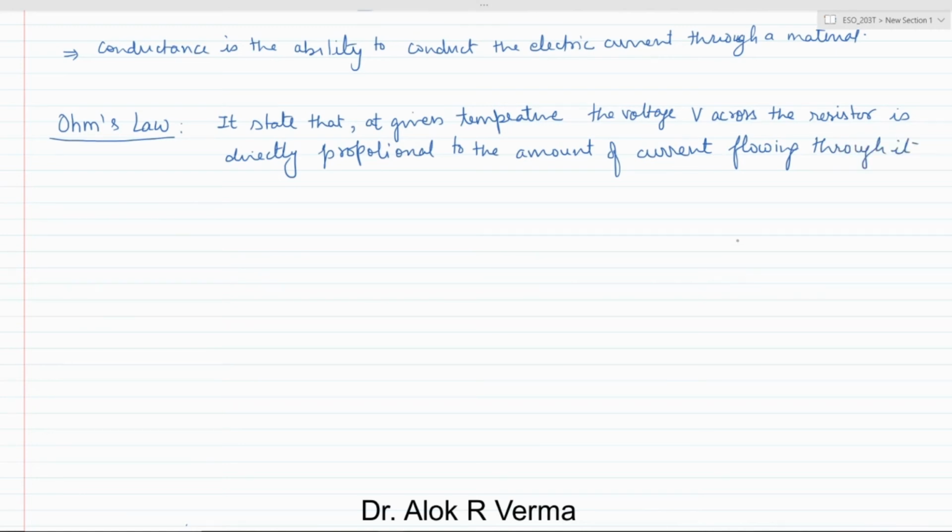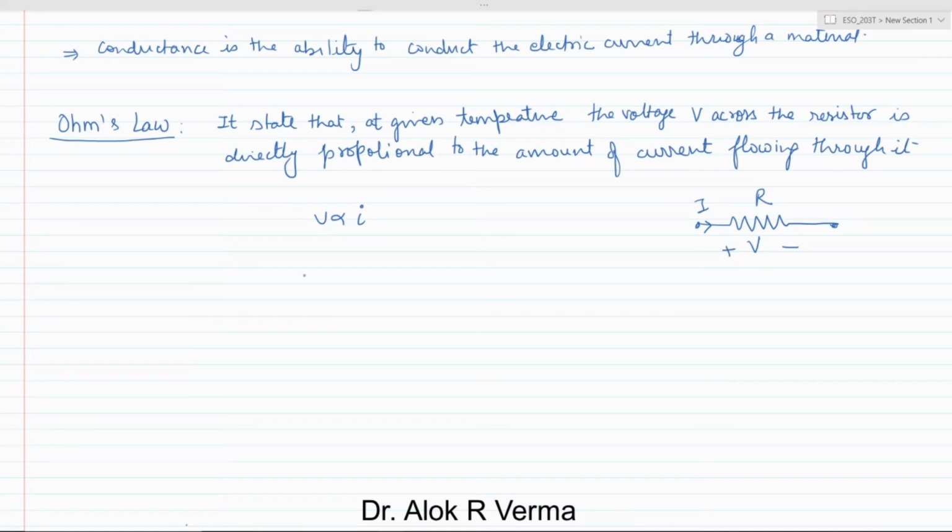So suppose there is a resistor. The resistor is represented by a zigzag line. So resistor R, the current is flowing in this direction, the voltage drop is this way. So the voltage drop is proportional to the current I, which in general can be a function of time.